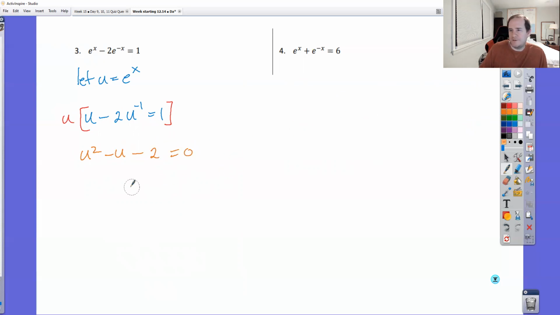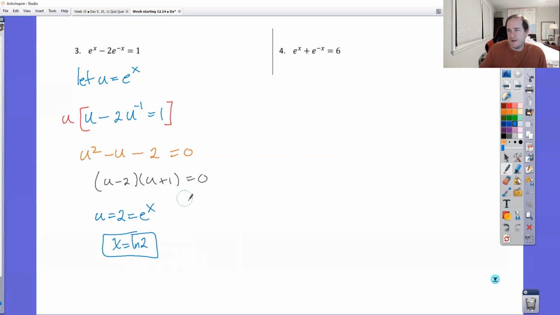That's looking factorable to me. U minus 2, u plus 1. So that's telling me that our u value is equal to 2, which, oh, by the way, u is equal to e to the x. So that tells me that x is just the ln of 2.